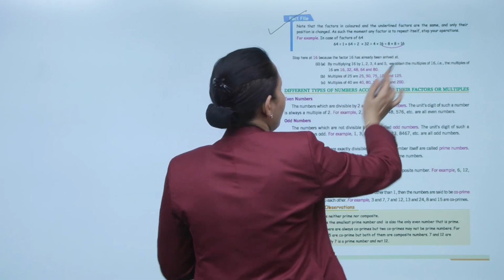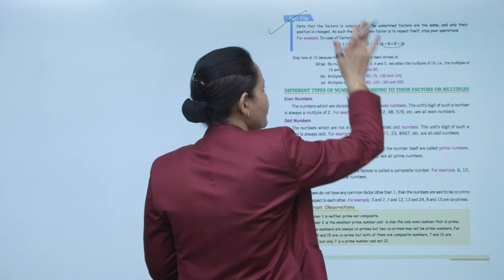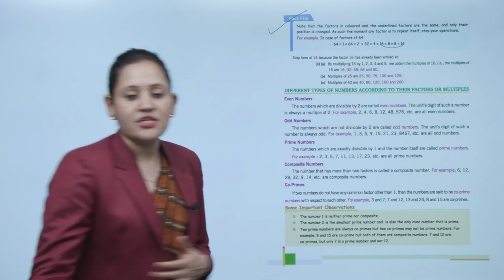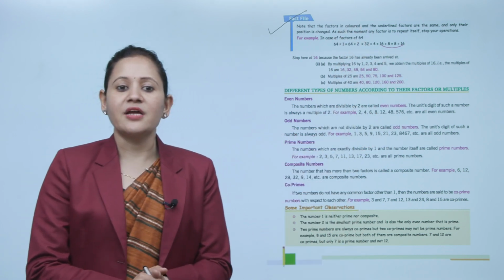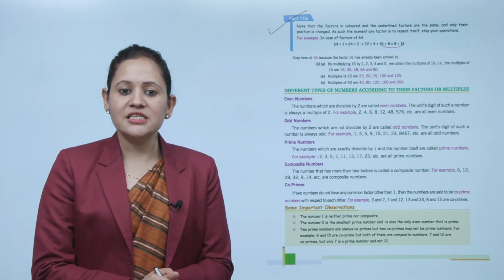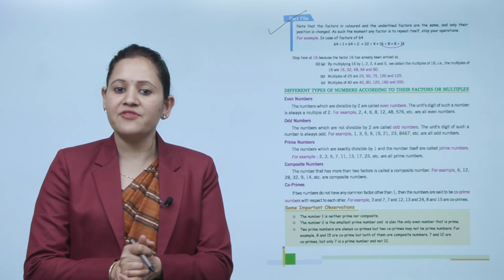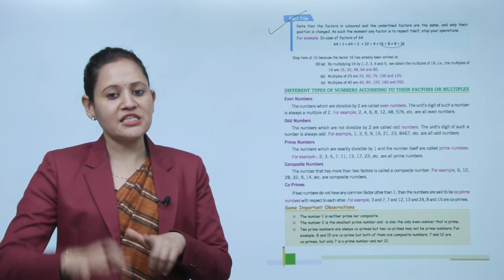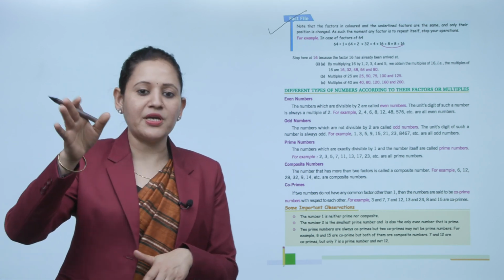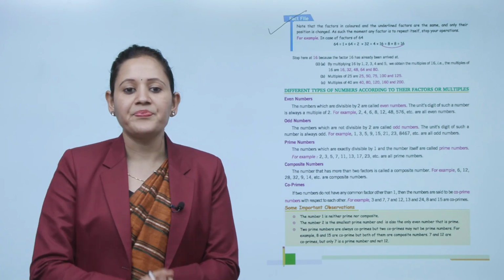Clear? Now 16 would come again, so it is repeating, so we'll stop here. Stop at 16 because the factor 16 has already been arrived at, because 4 into 16 is the same as 16 into 4, so 16 is repeating, so we'll stop there only.